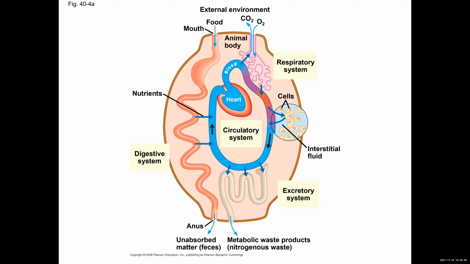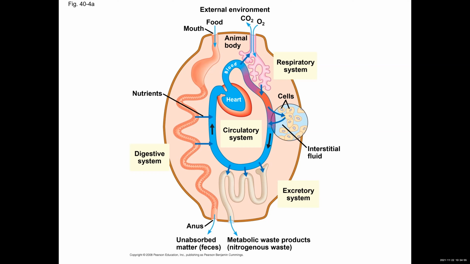So molecules have to move from the inside of that tube that makes up the gut into the body cells and into the transport system. So those blue arrows that are showing things moving into and out of, we have to have this movement from a body system into the circulatory system and also out of the circulatory system.